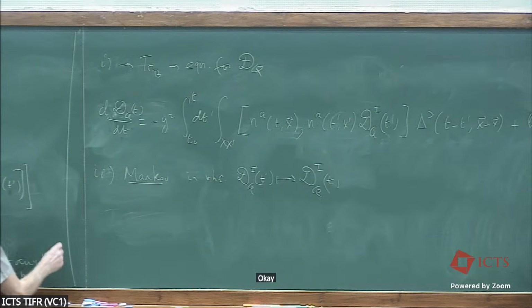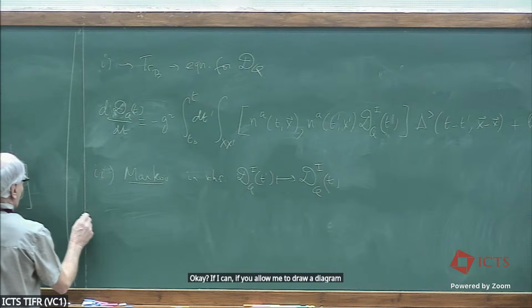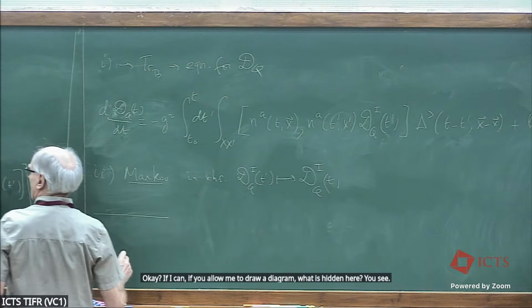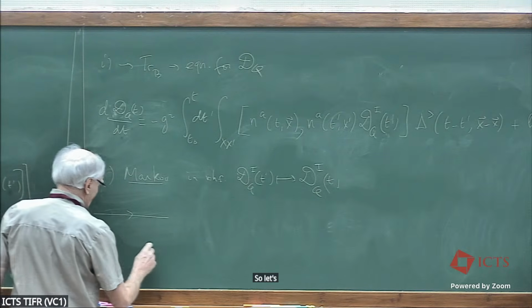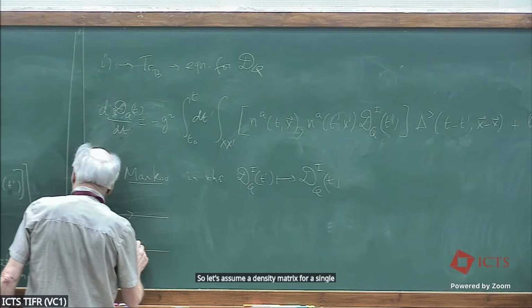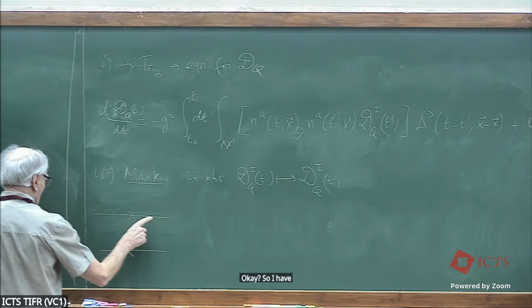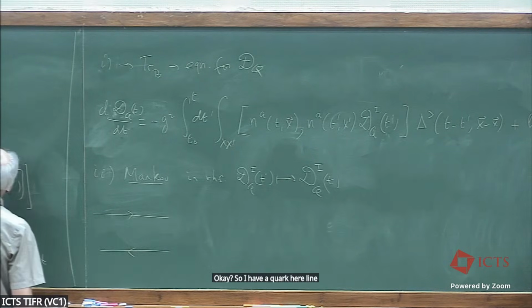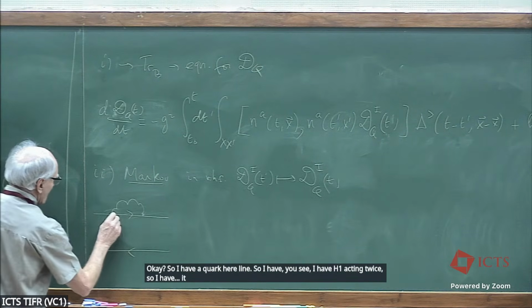Okay, if you allow me to draw a diagram, what is hidden here? You see, it's a density matrix. So let's assume a density matrix for a single quark. Okay, so I have a quark line here. I have H1 acting twice. It's always going to be the same type of diagram.